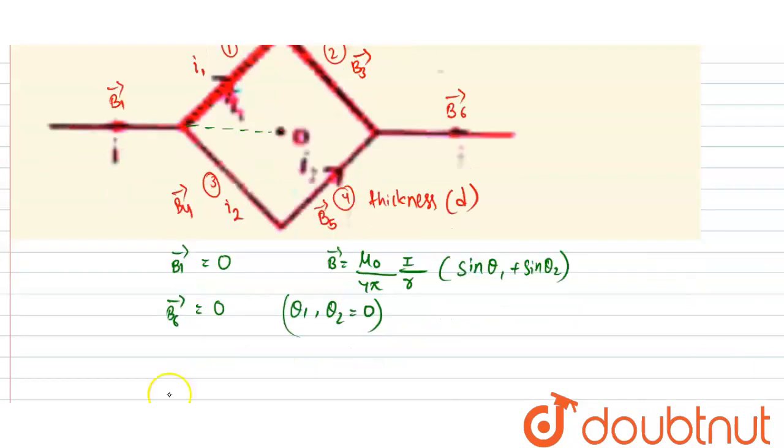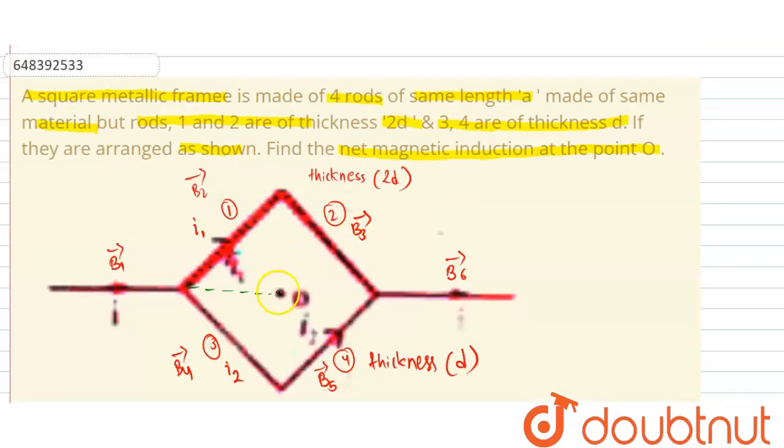Now B2 will be equal to mu naught by 4 pi into I1 by perpendicular distance. So from this point, as it is a square frame and each side of length A, the point is at a distance A by 2 from all the 4 rods. So all the 4 perpendicular distances are A by 2.